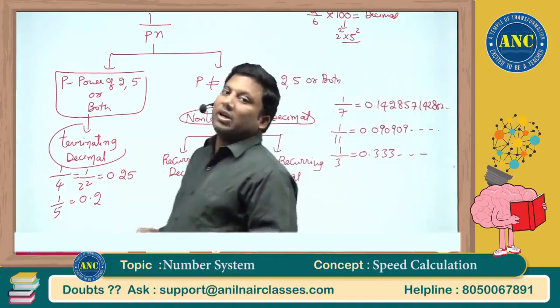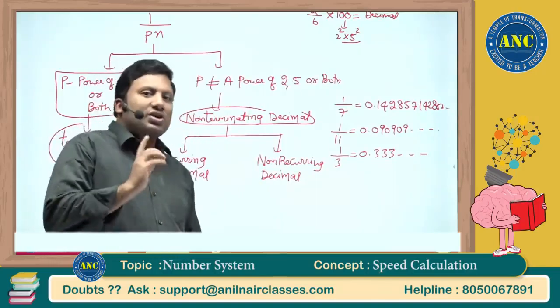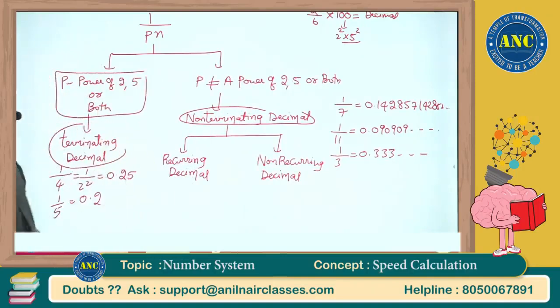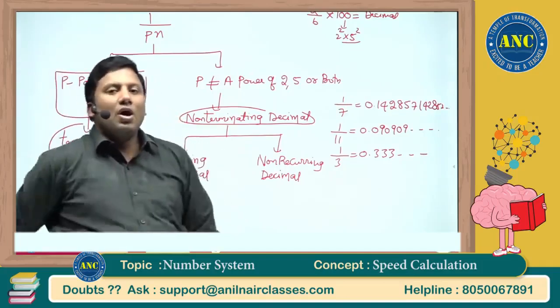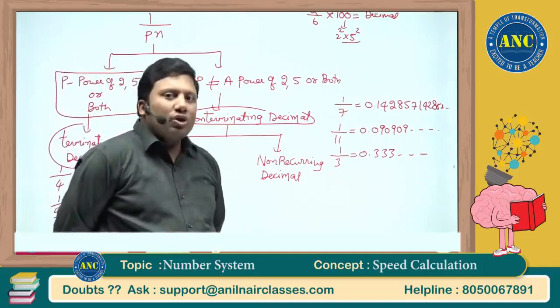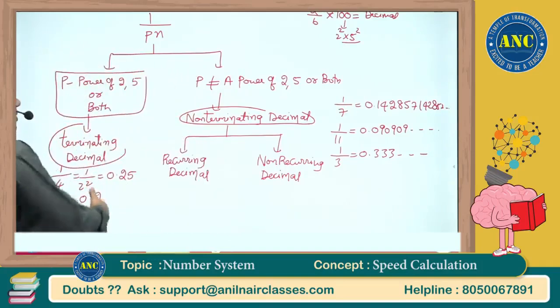Very, very important point. A CAT replica question can be created. If a fraction is given to you, and the denominator can be written as a power of 2 or a power of 5 or both powers of 2 and 5, then the resulting decimal will be called a terminating decimal.